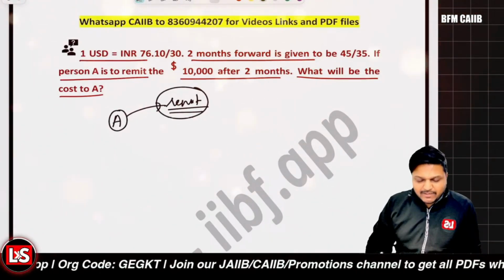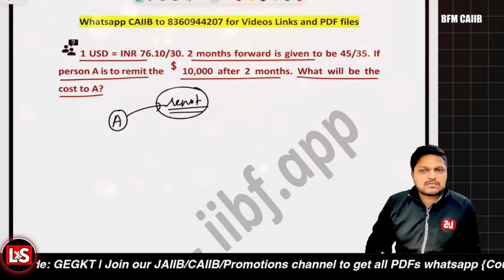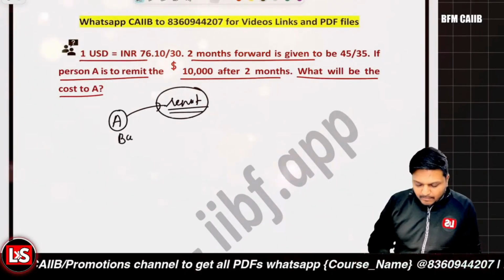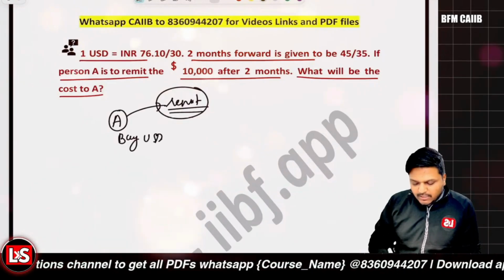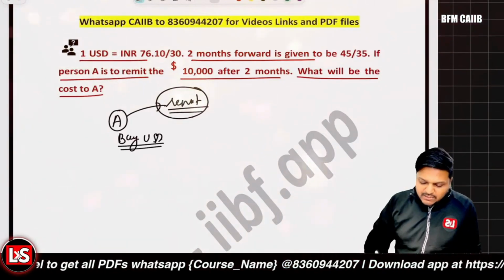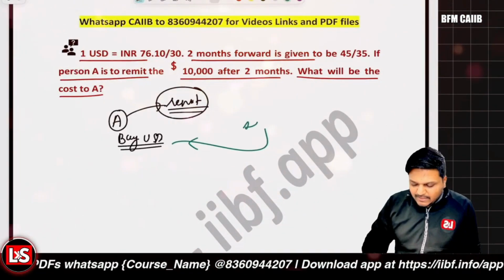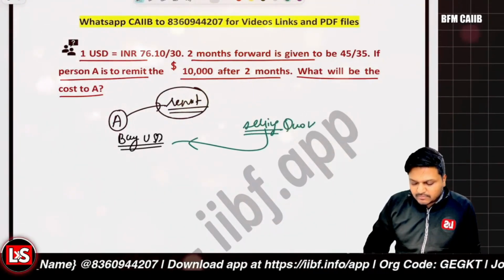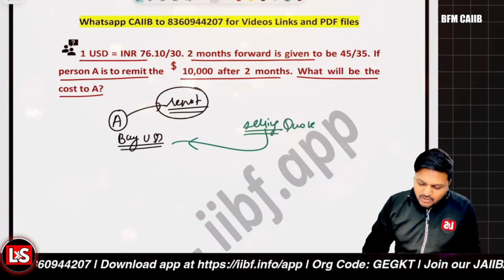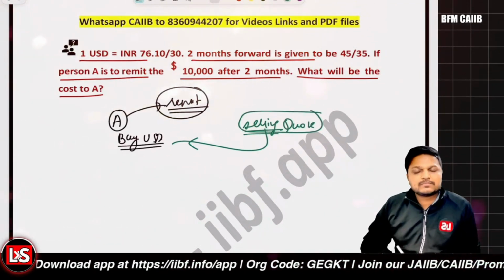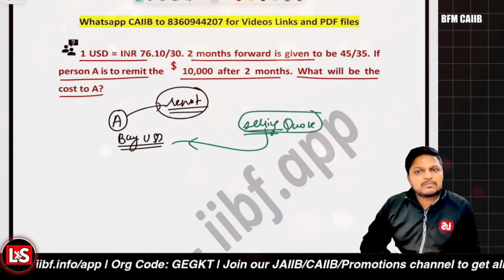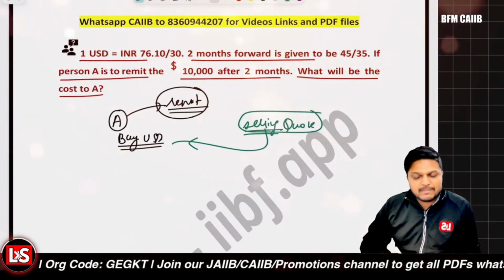So definitely the bills rate would be applicable, right? And A wants to remit, which means A wants to buy the USDs. Now A will be able to buy the USDs at the price at which the bank will be quoting the selling price. So it is a selling quote which will be given by the bank here. Okay. So it's a bills selling rate which will be applicable.